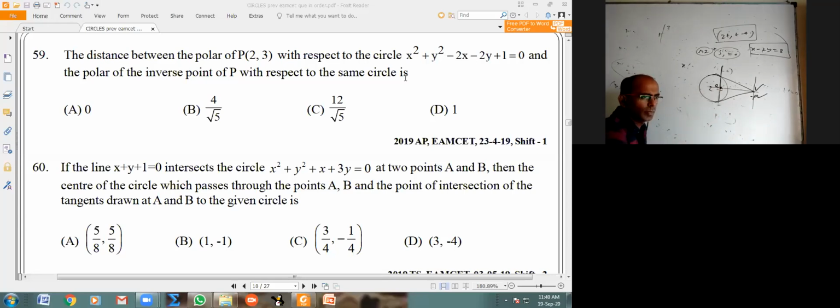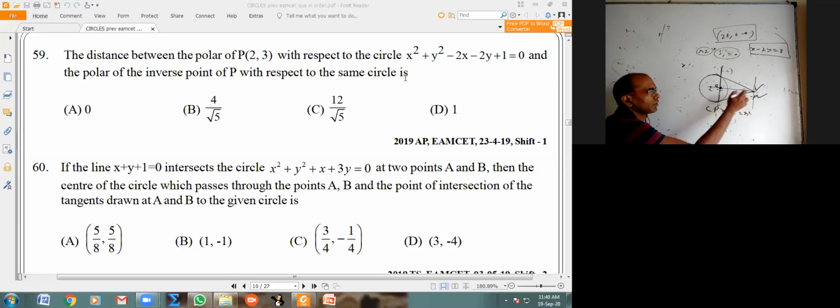This is C. Is P inside or outside? Let me check. 9 plus 4, 13. Minus 10. P is outside. Yeah. This is C. This is Q. This is P. Okay. You don't have to really find the inverse point and all that. You have to just know this is the inverse point. The polar of P is this line. You want this distance. We also know the inverse point definition is CP into CQ is R square.